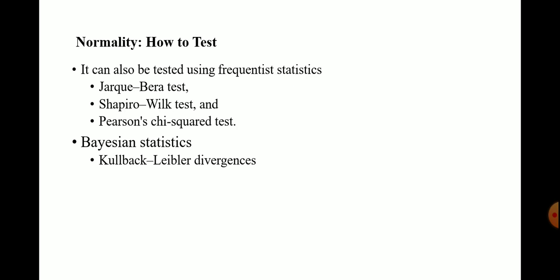Then, from the property of the normal distribution itself, we can say that beta cap 0 and beta cap 1 will also be normally distributed. And we can test it using graphical methods, simple descriptive statistics, frequentist methods, or Bayesian methods. So I hope that you understood what normality is and how to test it. Okay, thank you.